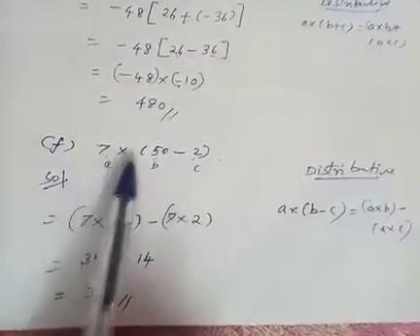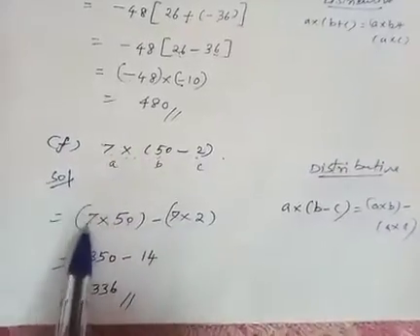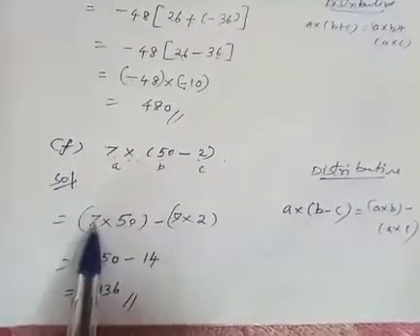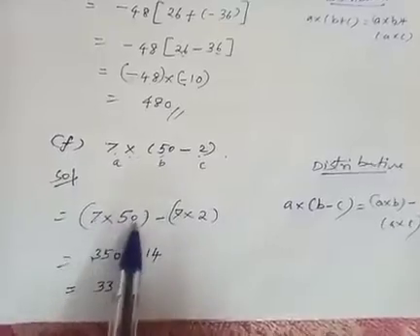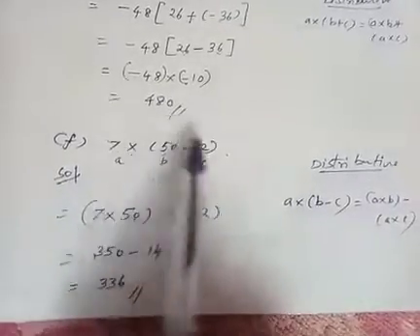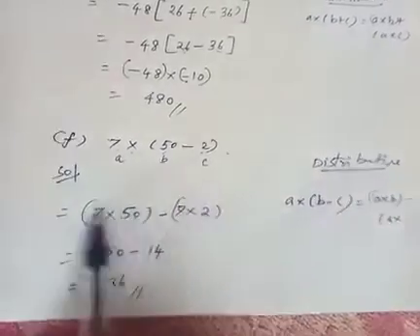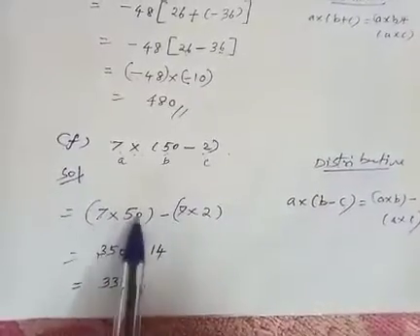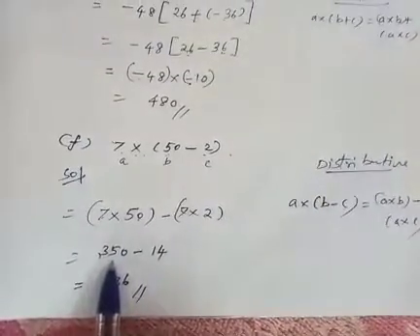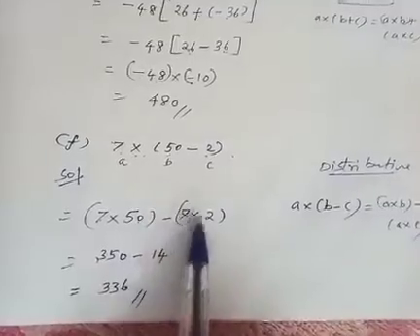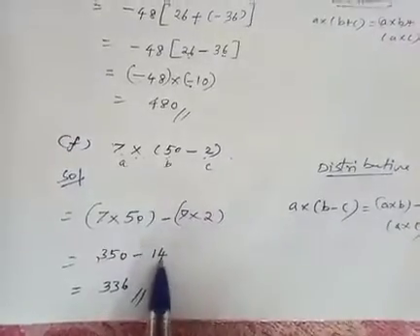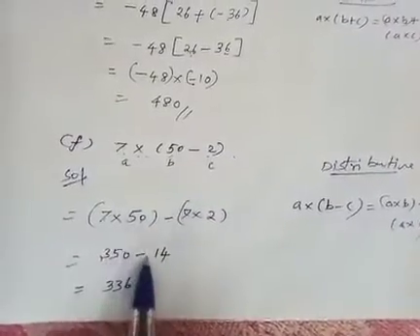So 7 into 50, 7 into 50 is 350. So minus 7 into 2, 7 2s are 14. Here 350 minus 14.